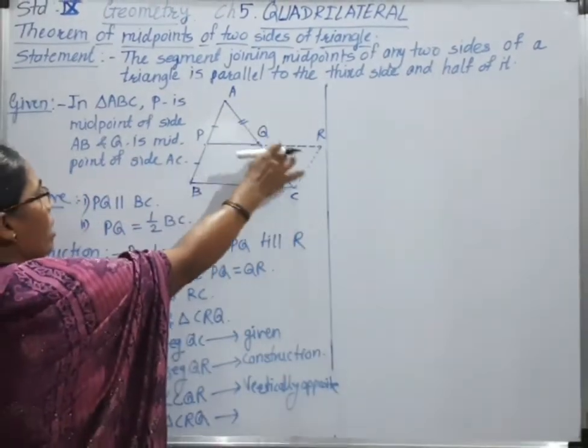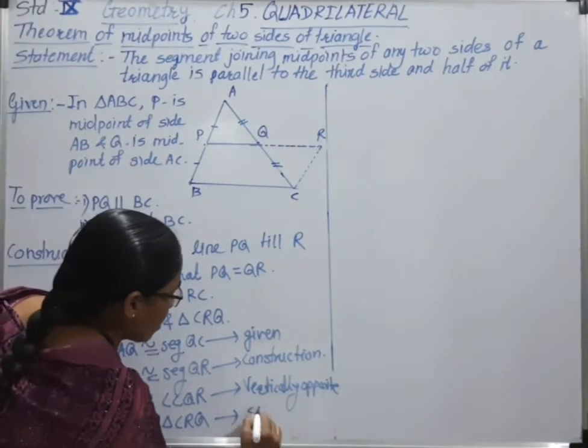That's why these two triangles are congruent by SAS test.